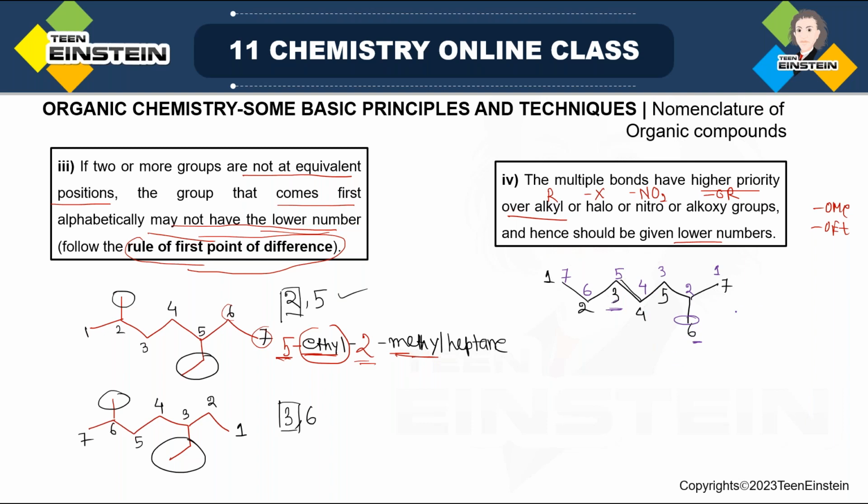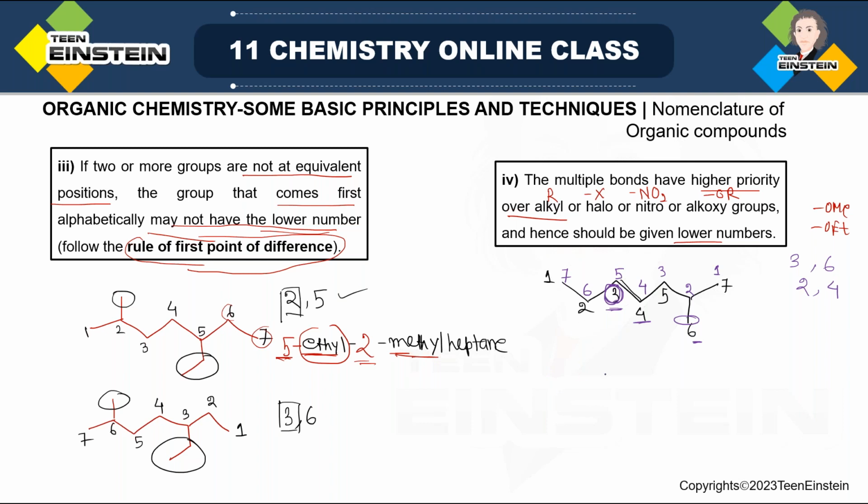But the other numbering, that is the purple one, now 2 and 4. In the previous case it is 3 and 6, but now we are getting 2 and 4. But here you have to choose 3 and 6 because in the second case the double bond is getting number 4, which is not correct. In the first case, that is black numbering, the double bond is getting number 3. So that is why we have to choose this. Here don't consider the first point of difference rule.